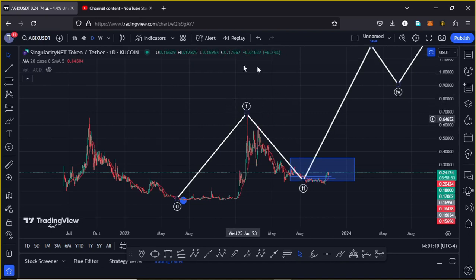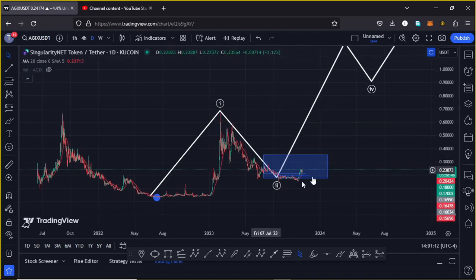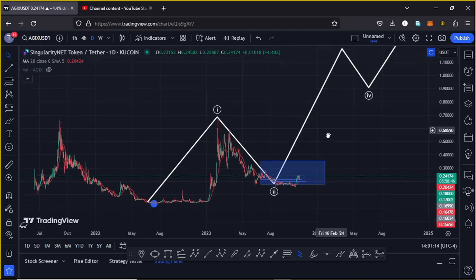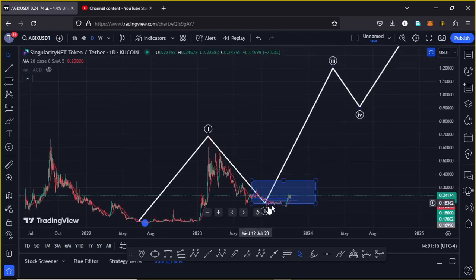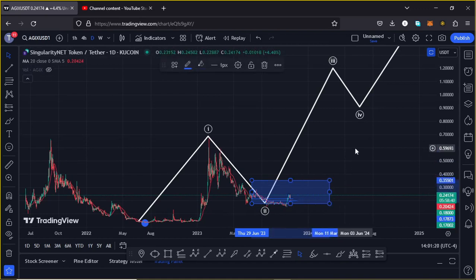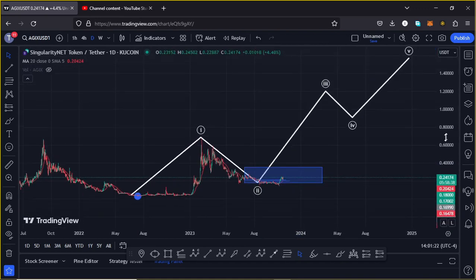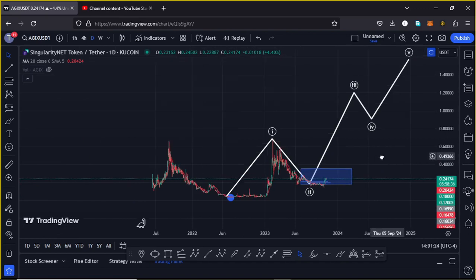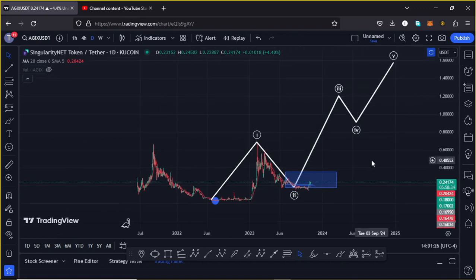Then we started a corrective structure in the formation of this wave 2 into the minimum target area for that second wave, highlighted on the charts using this blue target area, which is an area that we have now fully maximized.